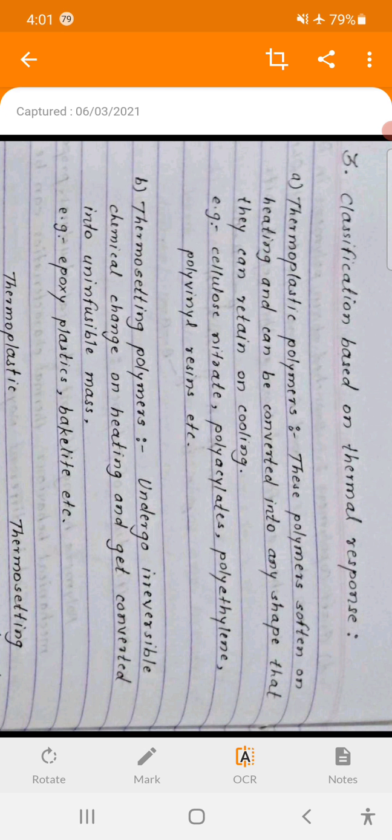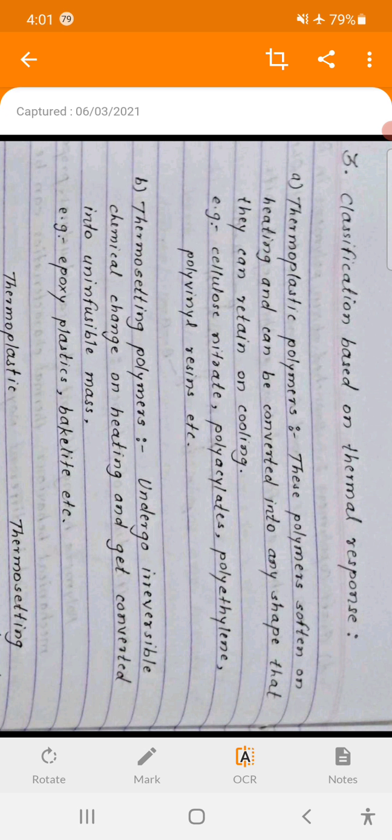Then the second type is thermosetting. They do not soften on heating. They undergo irreversible chemical changes on heating and get converted into infusible mass.